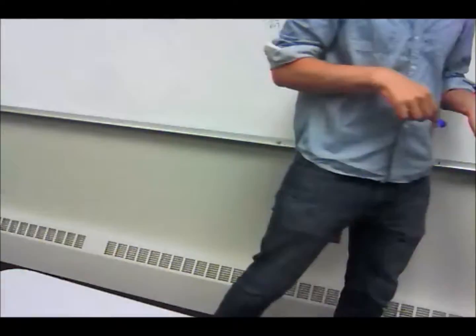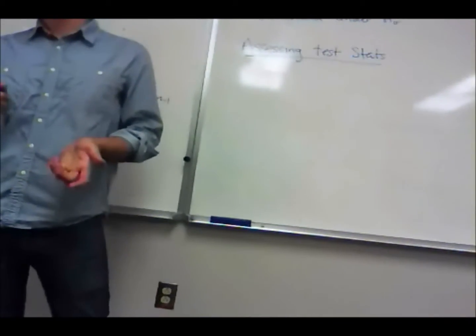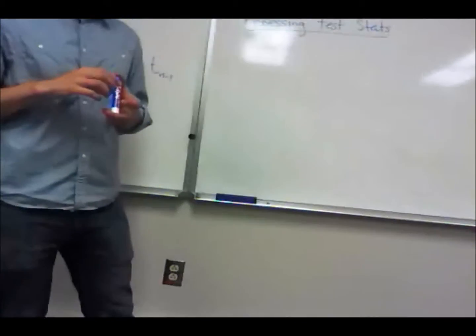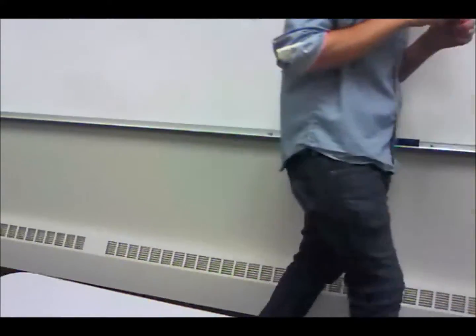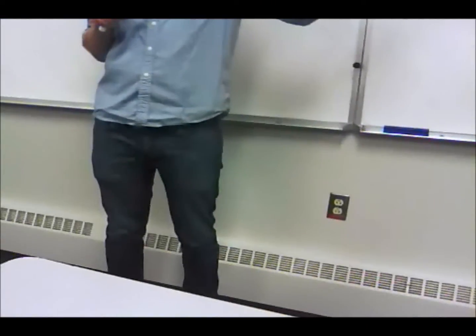And what is a Z-score? The number of standard deviations away from the mean. So in this case, this value we've shifted to 0, right? This is a standard normal. And look how close that is to 2.